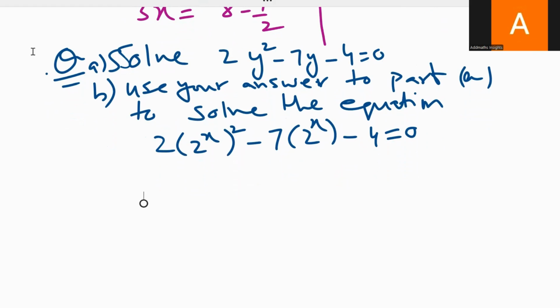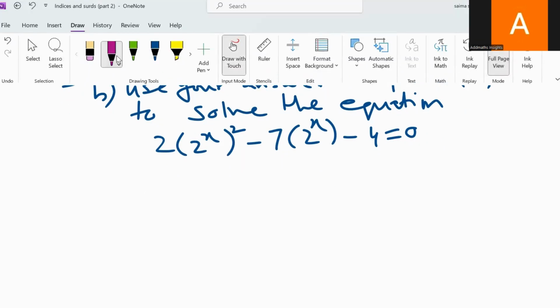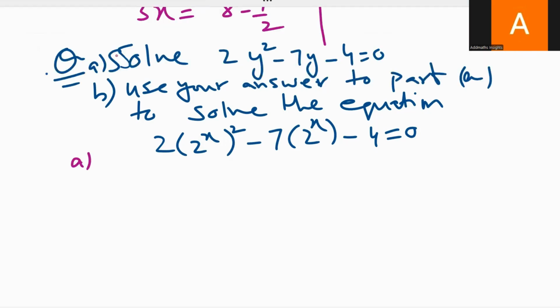So for the first part you need to apply simple factorization. We start part A. So factorize it. Factors are 8 and 1.